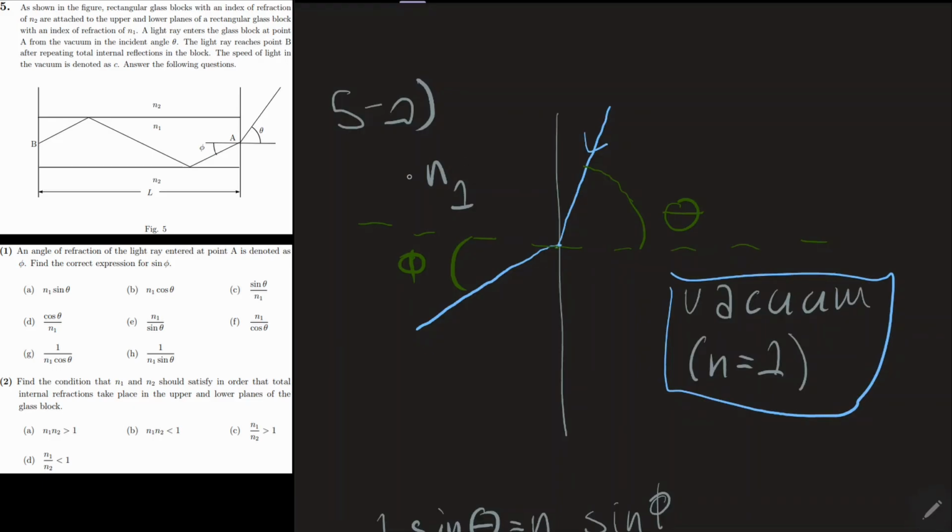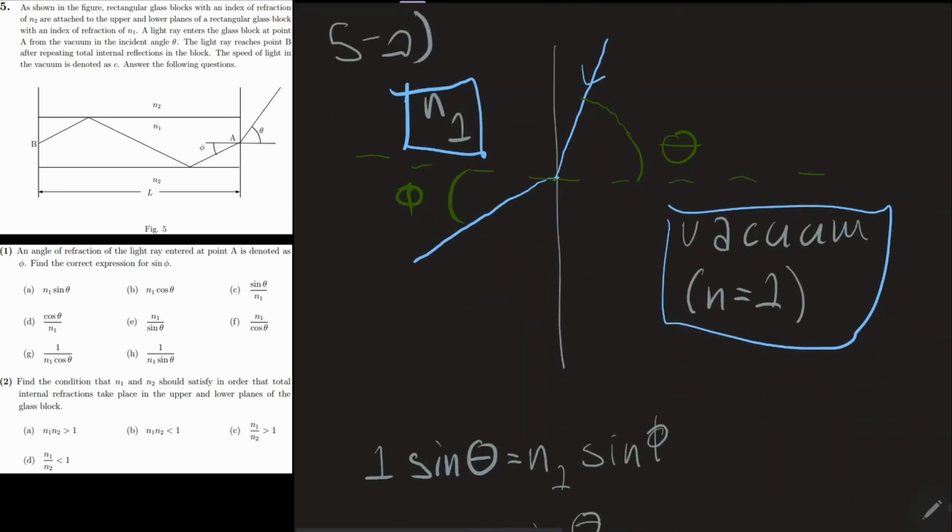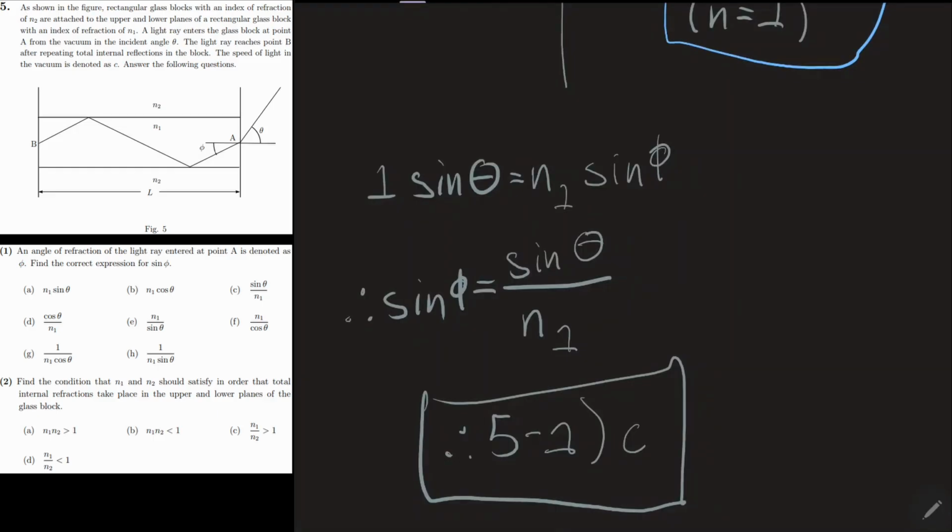And so it enters this new medium, this glass, that has a refractive index of n sub 1, and the angle on this side is phi. So using Snell's law, we see that 1 times sine of theta is equal to n sub 1 times sine of phi. And so we're trying to find an expression for sine of phi. So just rearrange, we find that it equals to sine of theta divided by n sub 1, and that matches option C.